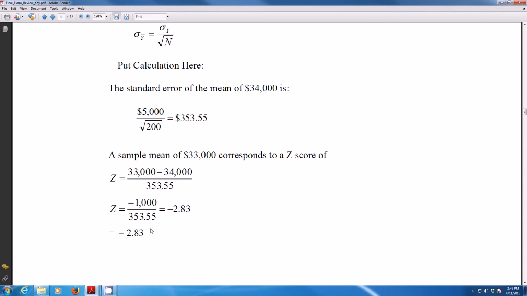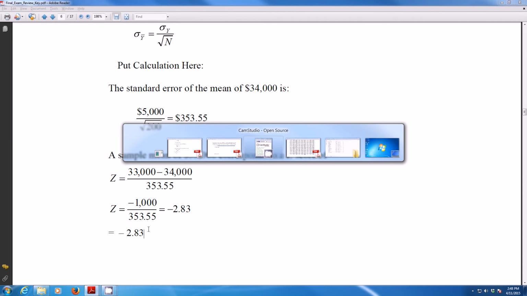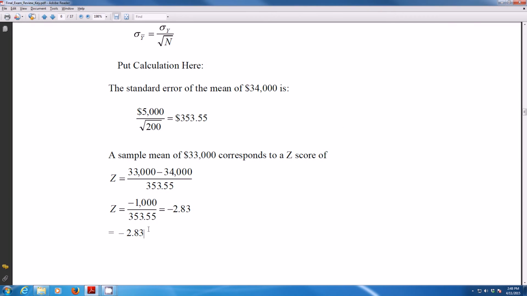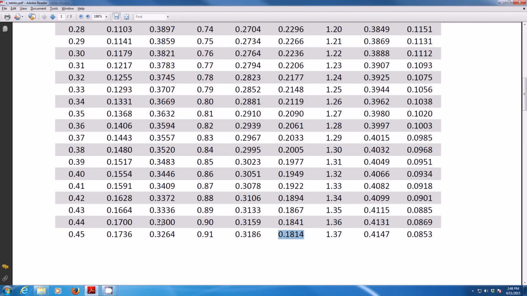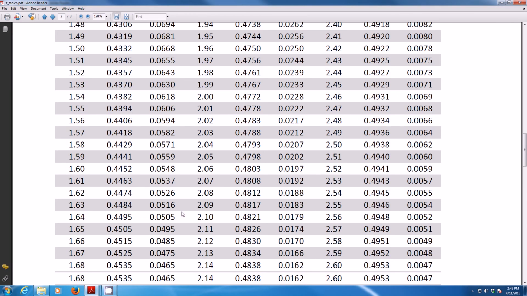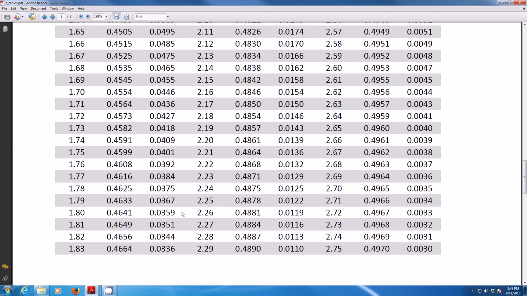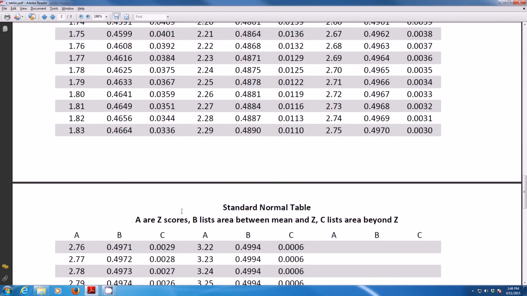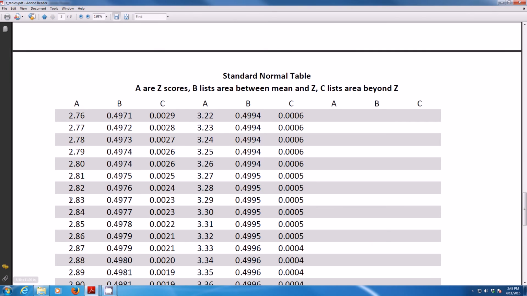And of course, that's not listed, and so we're going to have to look up the positive 2.83 z-score. And we can do that because we have a symmetrical distribution, so the same area for negative z-scores is the one for the positive z-scores. So 2.83 is what we're looking up. So we find that right here, and we're looking for the area between the mean and the z-score.